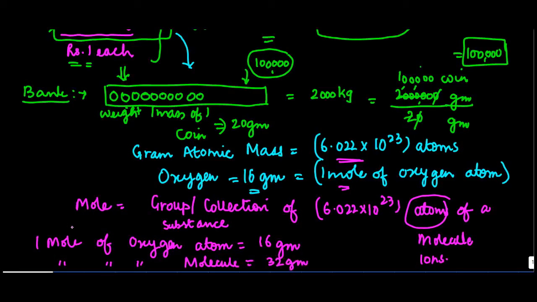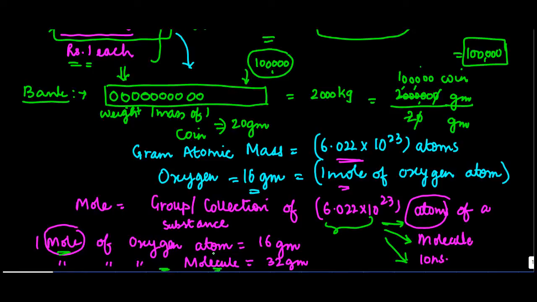So the mole is nothing, but it's a collection of this many number of a particular particle, which could be atom, molecule or ions. So when we take 6.022 into 10 to the power 23 atoms of oxygen, we say this is equal to 1 mole of oxygen. When we say 6.022 into 10 to the power 23 molecules of oxygen, we say this is 1 mole of oxygen molecule.